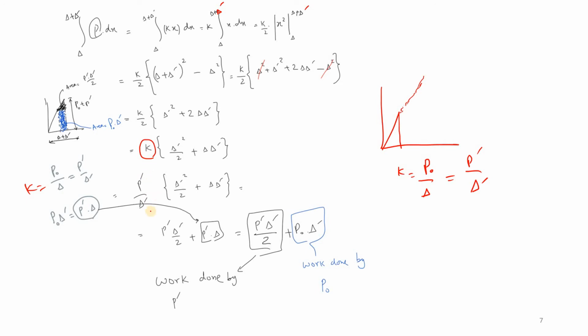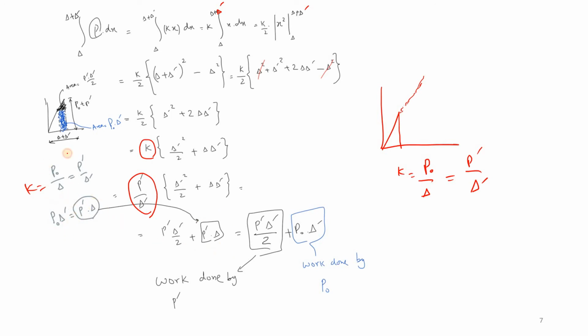So I have replaced K by P prime over delta prime, and then I can just multiply this, opening the brackets, and then I'll reach this result. I'll see that this P prime delta can be replaced by P naught delta prime. How?